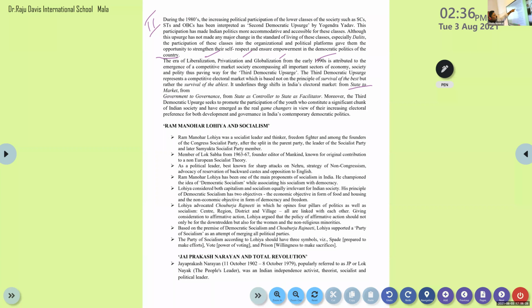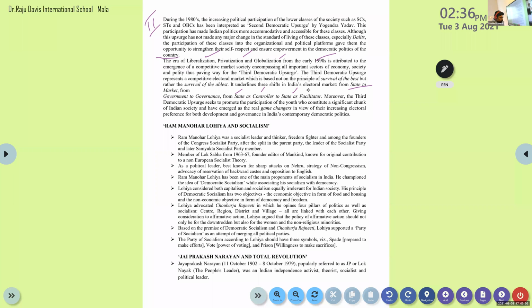From state as a controller to state as a facilitator. Even before, the state basically controlled industries and production. Now the state is not ready to control that. Instead, the government is providing facilities to individuals to start companies or industries. Moreover, the third democratic upsurge seeks to promote the participation of youth, who constitute a significant chunk of Indian society and have emerged as the real game changers.